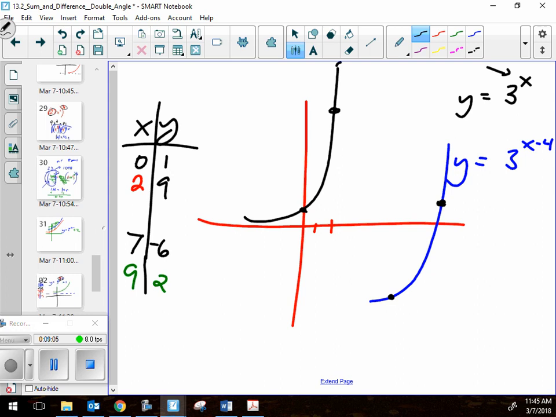And my question is, what is the official equation of that one?